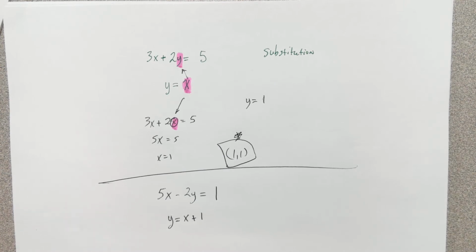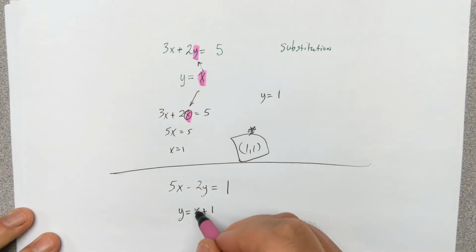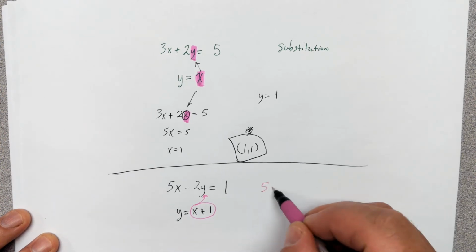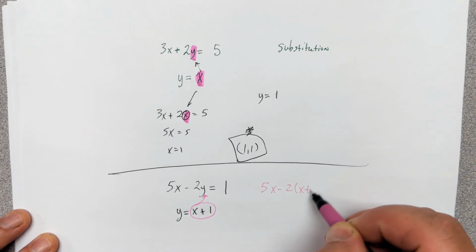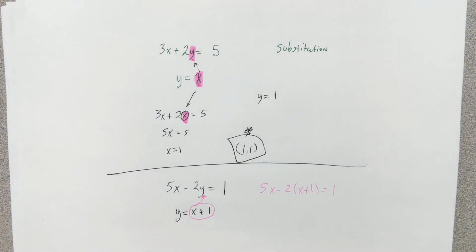No, again, a fraction. Well, we could. Let's see. So did you do this? Yeah, I put it in there. So you got 5x minus 2 times x plus 1 equals 1.